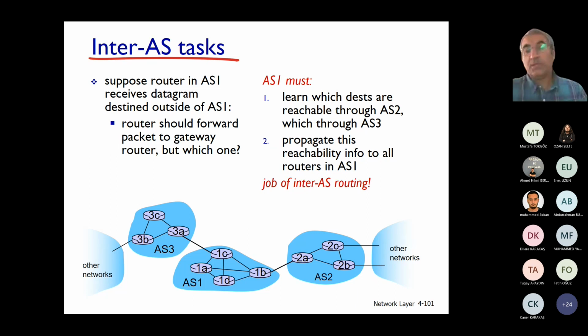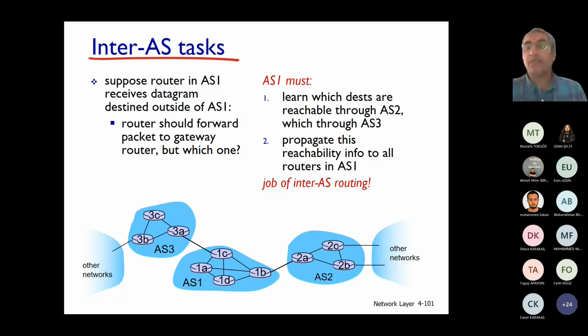The router should forward the packet to a gateway router, but which one? AS2 and AS3 have different gateway routers. So AS1 must learn which destinations are reachable through AS2 and which through AS3.